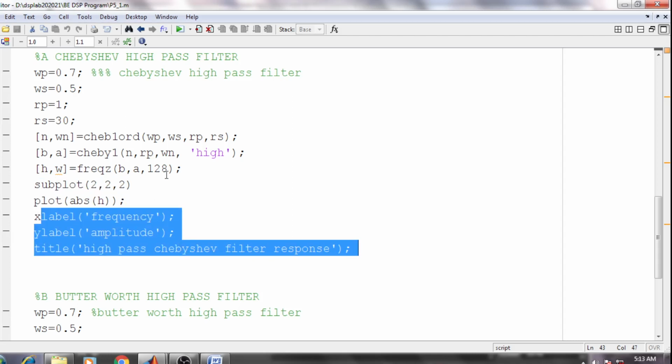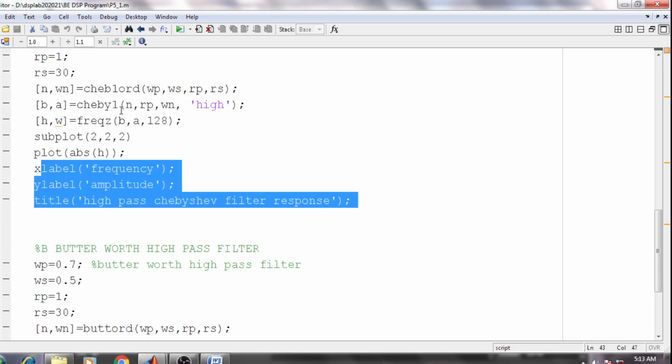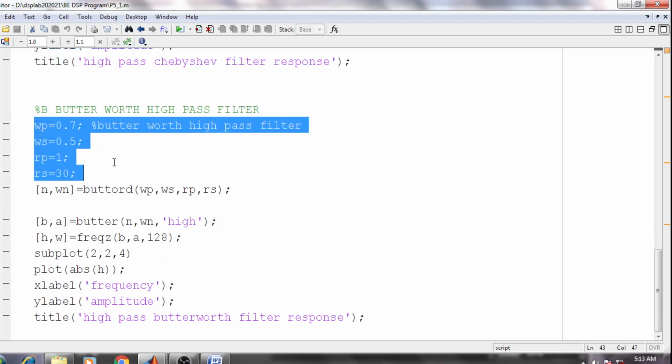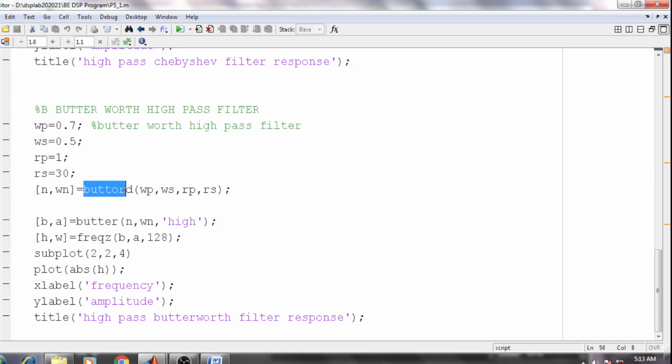Now I am just repeating the same thing for the Butterworth. From the Butterworth point of view, again WP, WS, RP and RS, the same values, I define. Then again the buttord function is used with four parameters. It results in N and Wn. After that the butter function is called with N and Wn, and here 'high' is written for your understanding. It results in the coefficients b and a.